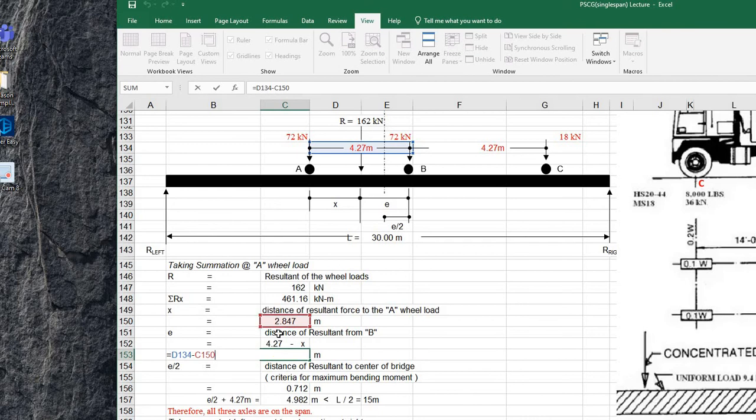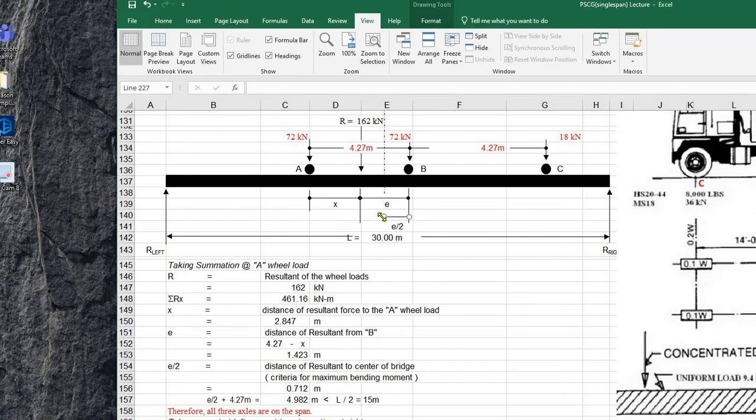Next is the eccentricity divided by 2, or the distance of the resultant to the center of the bridge, which is simply E over 2.